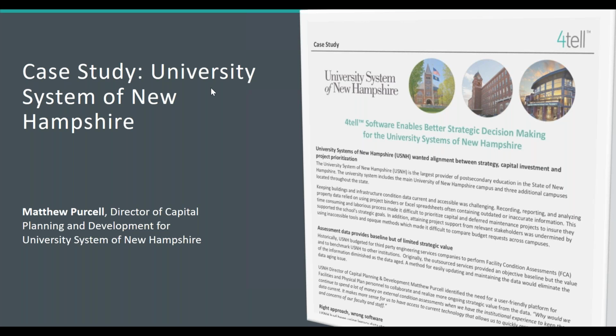Our building portfolio consists of about 430 buildings across those campuses, which is about 9.3 million gross square feet. We actually have a facilities condition index, hopefully everybody understands what that is, of about 24%. And our intent is to maintain that Facilities Condition Index.